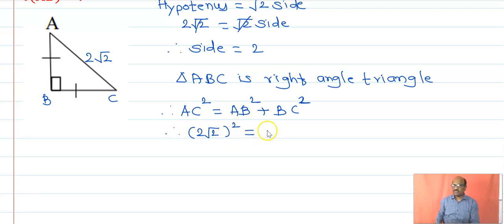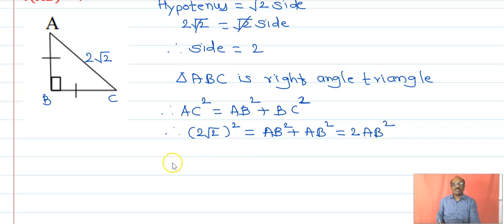Therefore, AB square plus AB square is equal to 2 times AB square.